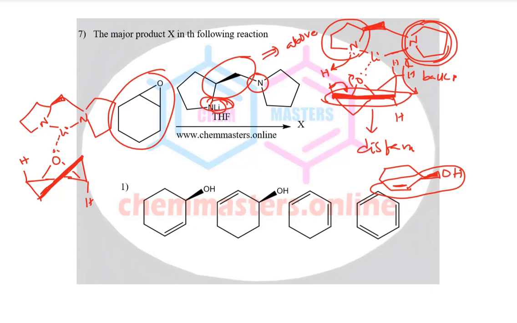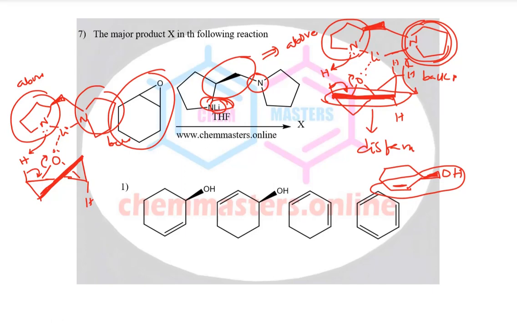If you observe this, the lone pair of electrons attack this hydrogen and this bond moves here to open this epoxide. You can see that this part of the base is above the plane and this part is below the plane.